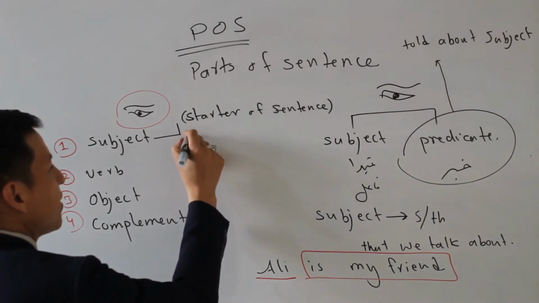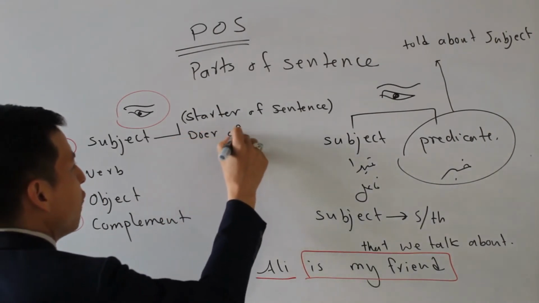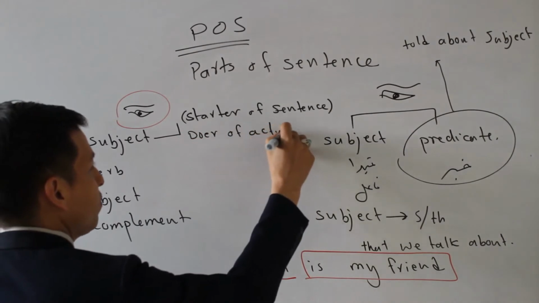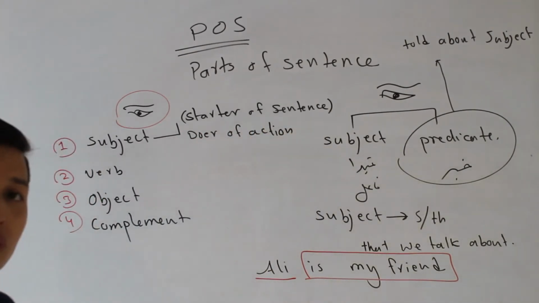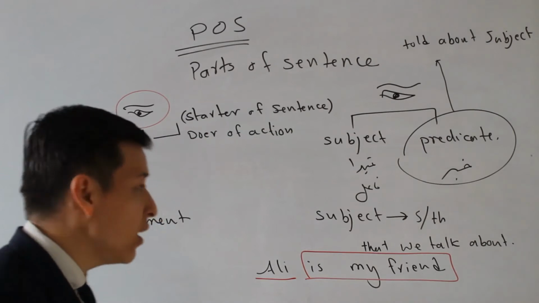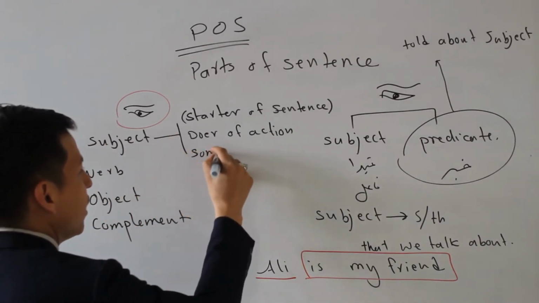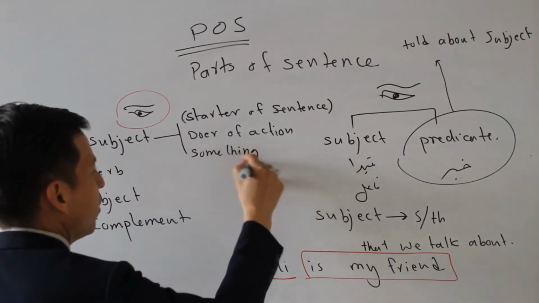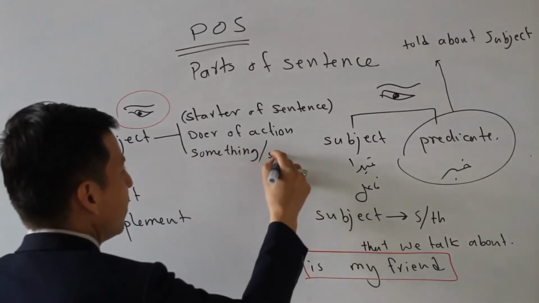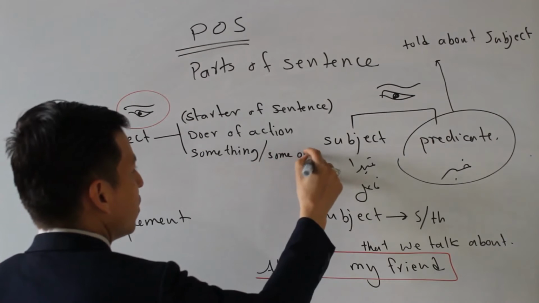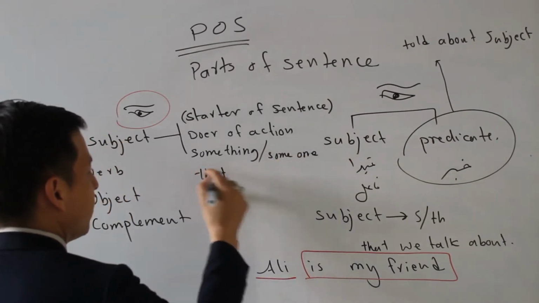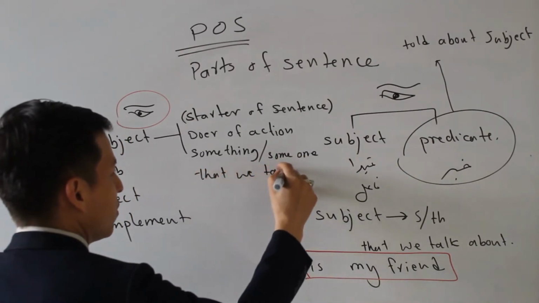Another one is, it is the doer of an action. Subject is the doer of an action. And finally, something or someone that we talk about.